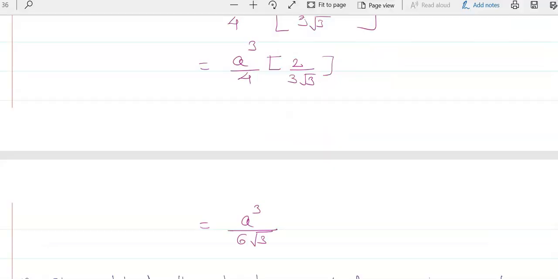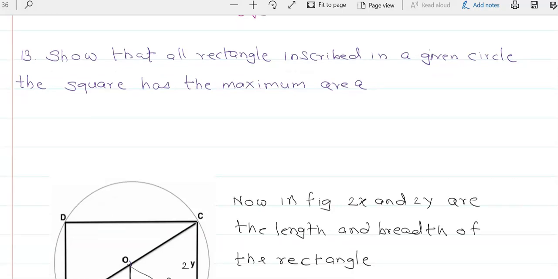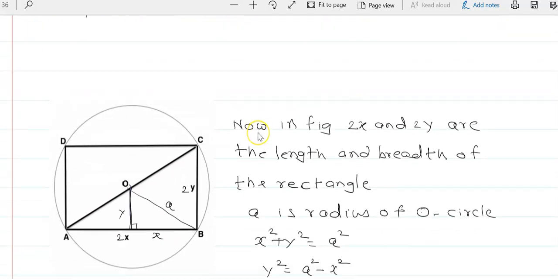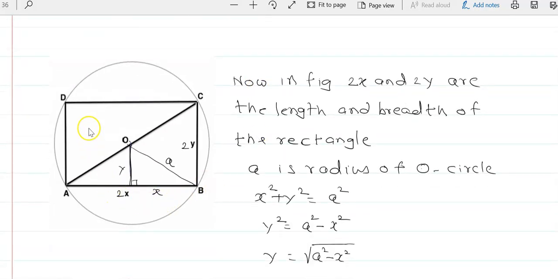Now the next example is question number 13. Show that all rectangles inscribed in a given circle, the square has the maximum area. That is, if we inscribe the rectangle in this circle, you will get the condition for the maximum, and you will get length equal to the breadth.